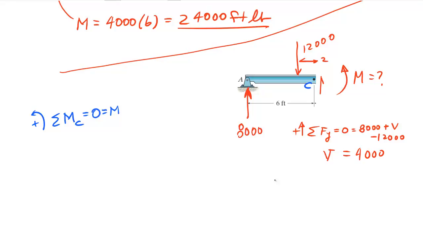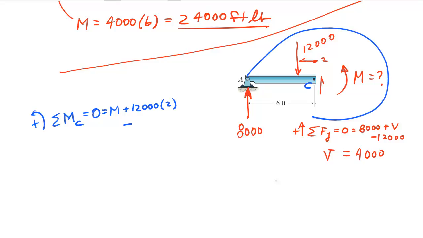Okay, so plus 12,000 times 2. Why is it plus? Because it's going that way, which is the same direction here. And then minus, because the 8,000 goes around it that way, 8,000 times 6.